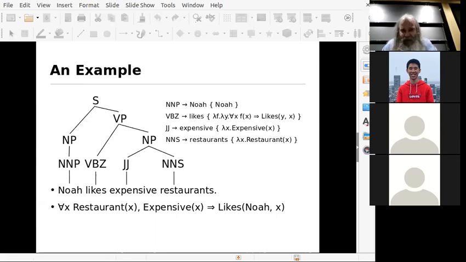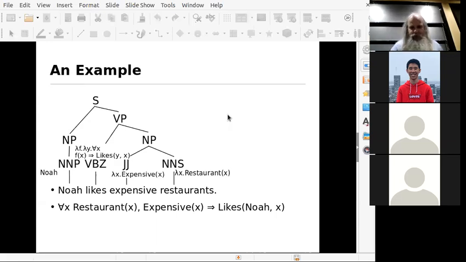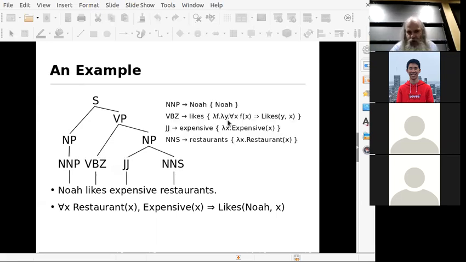So what we can say is the representation of likes is actually a lambda expression, a lambda expression that's got a function, likes, and a lambda y and a lambda x, okay? These are the variables that we're going to put in there. So we've got actually a condition: if this condition is true, y likes x. What does expensive mean? Well, expensive is going to be, sorry, it keeps going forward for me.